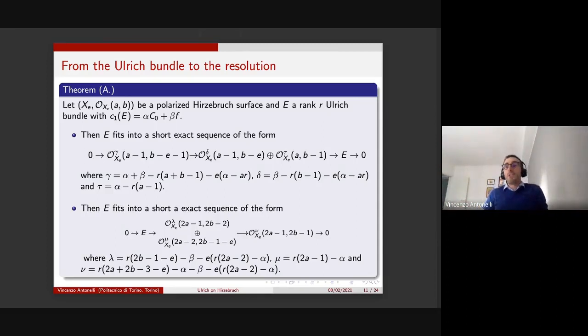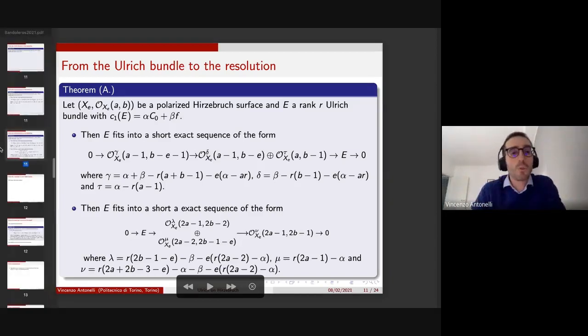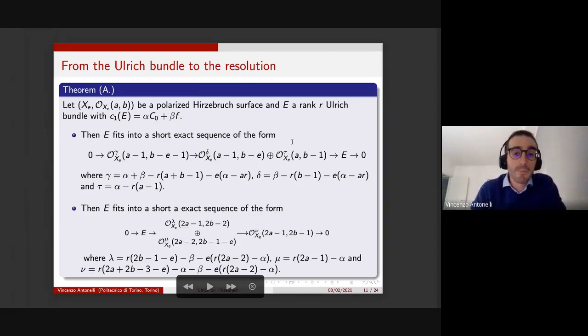The other feature of the resolution was to be linear. Well, in this case, the resolution is not linear, but it's not far from linear. Just consider the simplest case, when e is equal to 0. So you have P1 cross P1. In this case, if you put e equals 0, then you see that the first map in this short exact sequence can be represented as a two-block matrix.